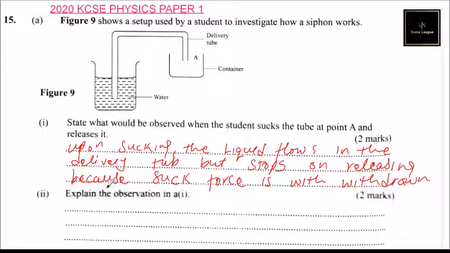Roman number 2, explain the observation in 1. So like I have said, the liquid fails to flow on release because there is no pressure difference to push the liquid up the tube without sucking. The level of the container is above the liquid level.